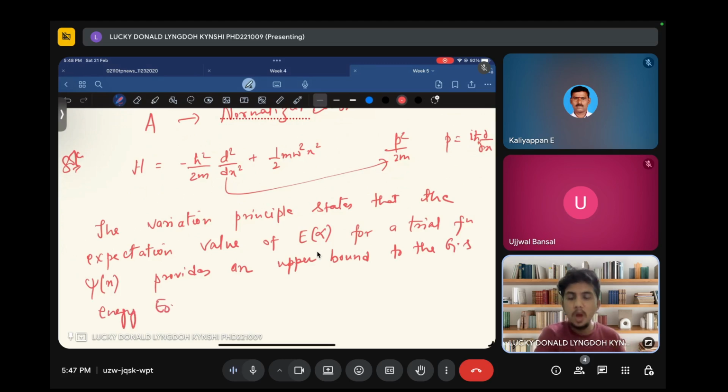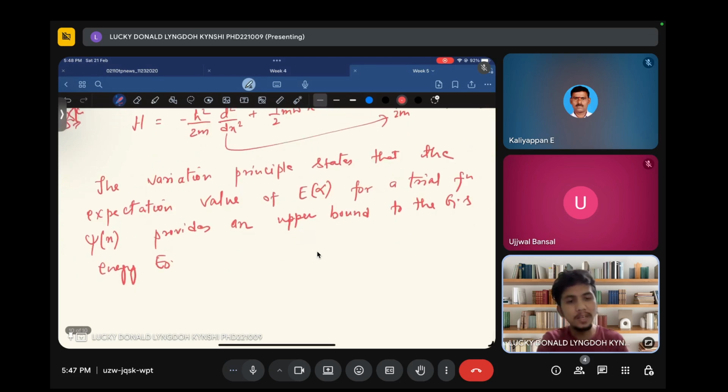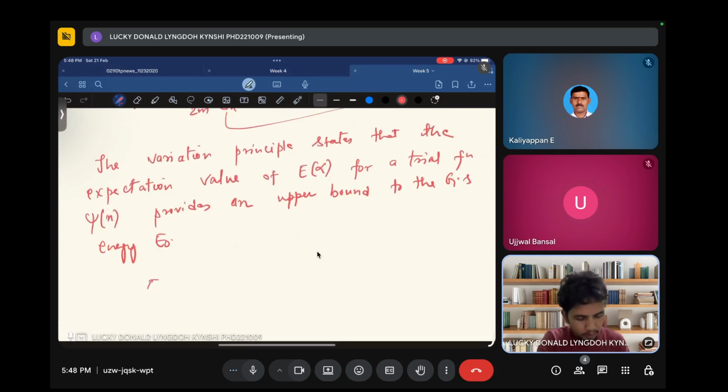So what does it mean? Whatever expectation value you get from this trial wave function is the upper bound of your ground state energy E naught. That is how it helps in determining the ground state energy. So E of alpha is equal to the expectation value, psi H cap psi.